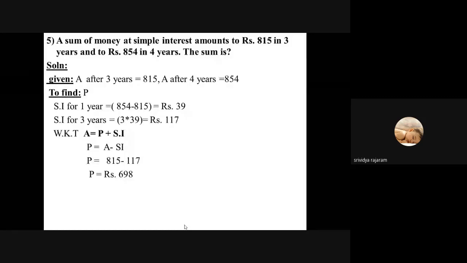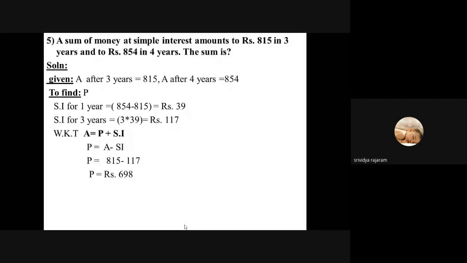But that problem is quite different from this one, because in this problem they didn't mention the rate of interest, they just mentioned two different new amounts. One new amount is rupees 815 in 3 years and the other new amount is 854 in 4 years. So with these values, how can we calculate the principal amount is the question.